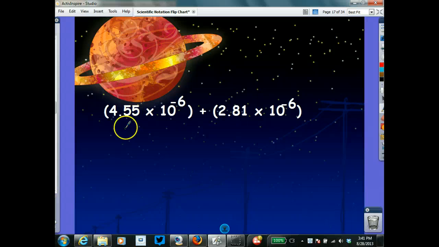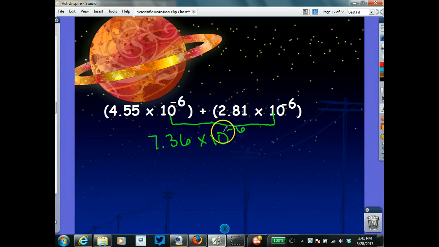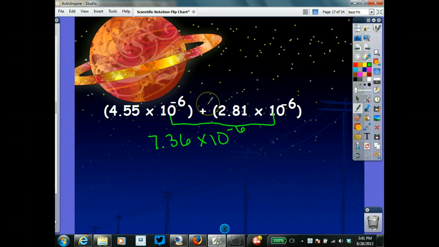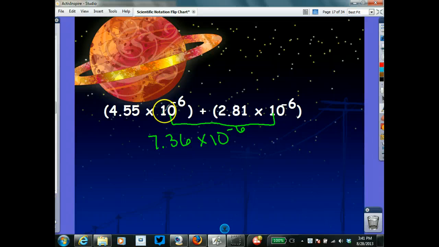In this case, well, 4.55 plus 2.81, you get 7.36. Again, same base, same exponent, times 10 to the negative 6th. And that's with adding. Again, it's just like what we've been working on. Same base, same exponent, adding.